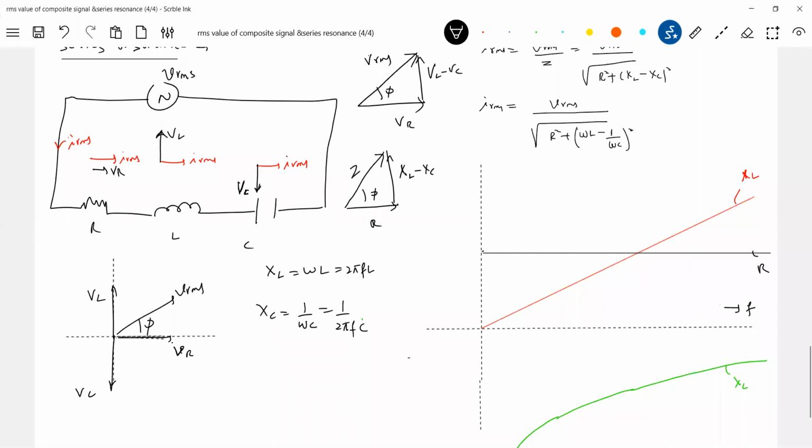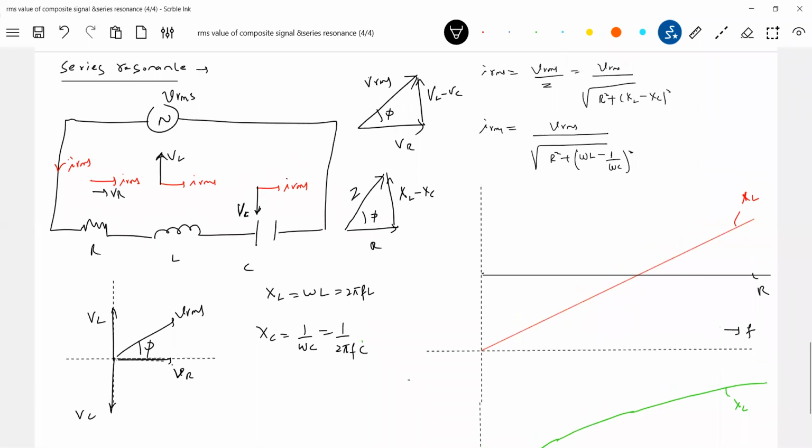Let's plot the current. What about the current? It increases and decreases. At one particular value of frequency, XL can become equal to XC, then the current will be maximum. When XL is very much greater than XC, current will be less.